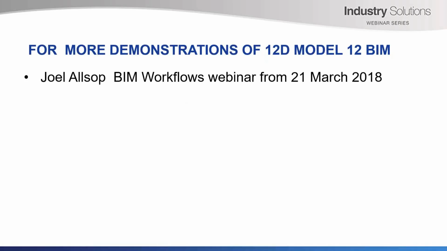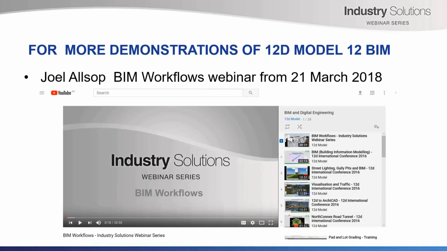He reads in FBX files and other files, and he gave that on the 21st of March, so it's not that long ago. And if you go to our YouTube site, under the industry webinars, his is there, the BIM workflow industry webinar series. And it's well worth you playing that one because it'll go through a lot more examples on it, where I was just looking at some IFC examples of data and getting them across.